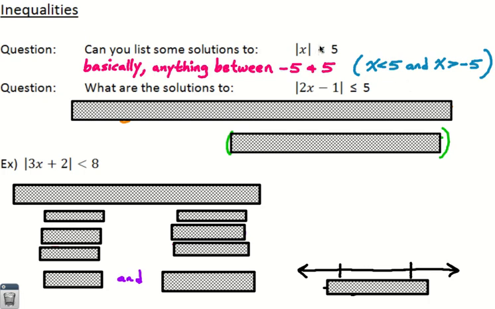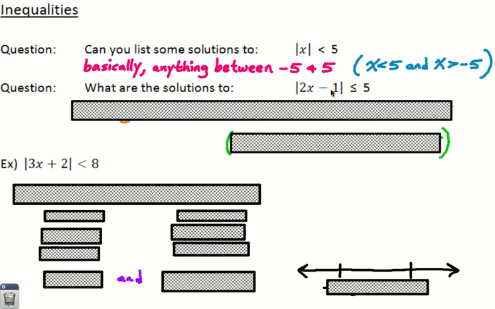And that's basically how this is going to work. We can split it into these two cases, where in the one case it's just less than 5, but in the other case we're flipping it to a greater than, and we're also changing the 5 to a negative 5, and that's going to be the norm.